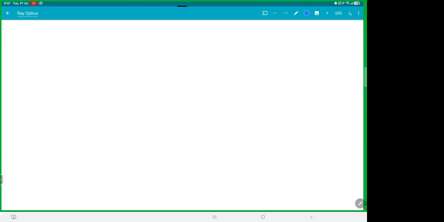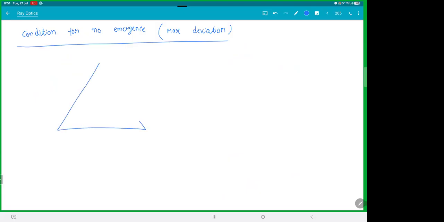Next thing, condition for no emergence. This is also the case for maximum deviation. What I taught you now is minimum deviation till now. So this is a maximum deviation. This occurs when your angle of emergence becomes 90 degrees, meaning you're almost hitting a TIR there.